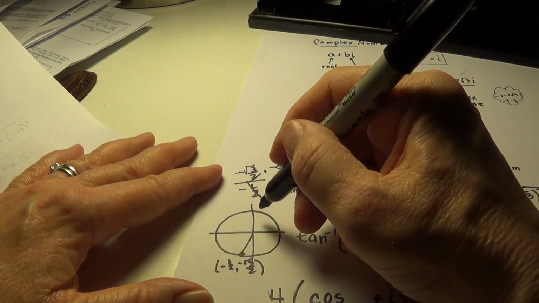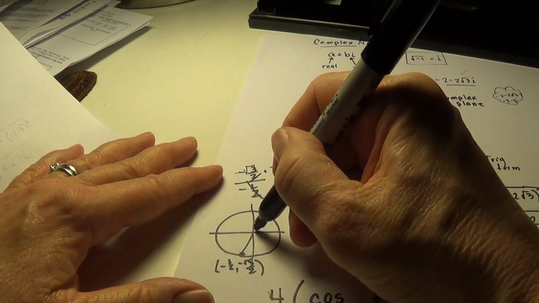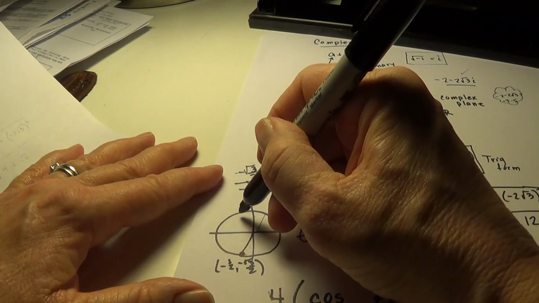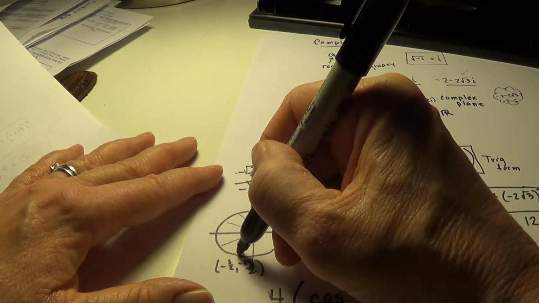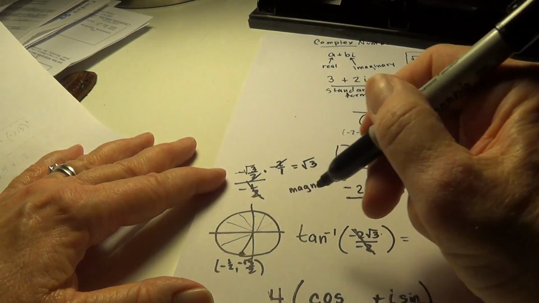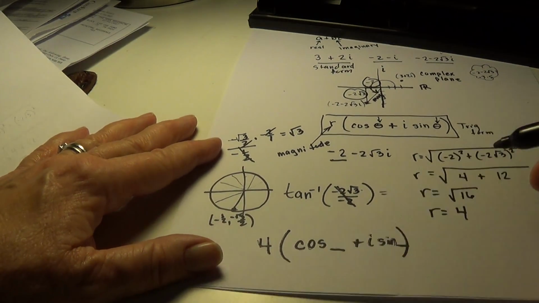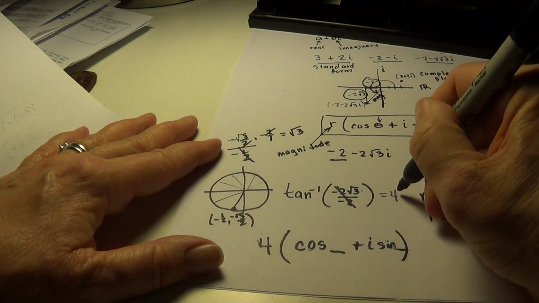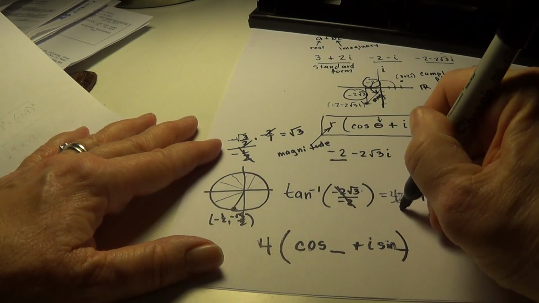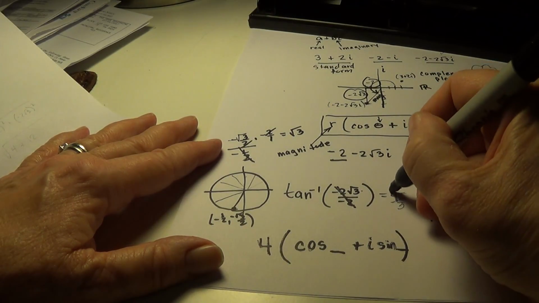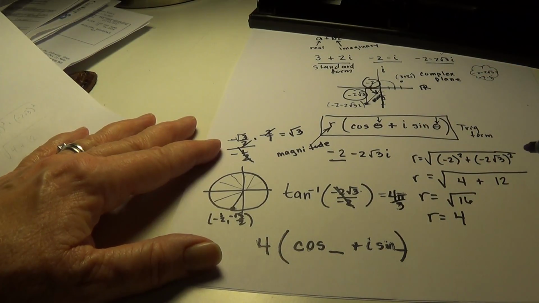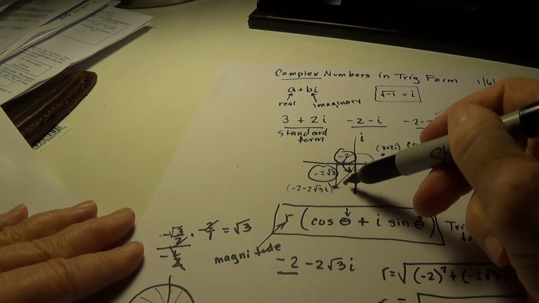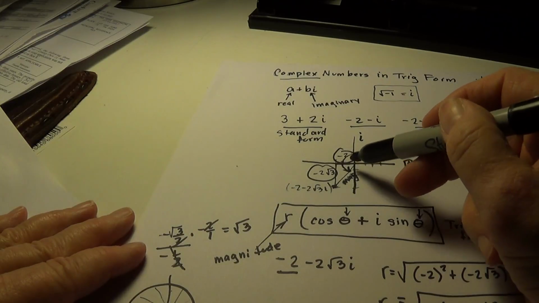Let's see, we go 1/6 pi, 2/6 pi, 3, 4, 5, 6/6 pi, 7/6 pi, 8/6 pi. So that reduces to 4 pi over 3. So 4 pi over 3 is the inverse tan, and it is the angle that is represented right here.